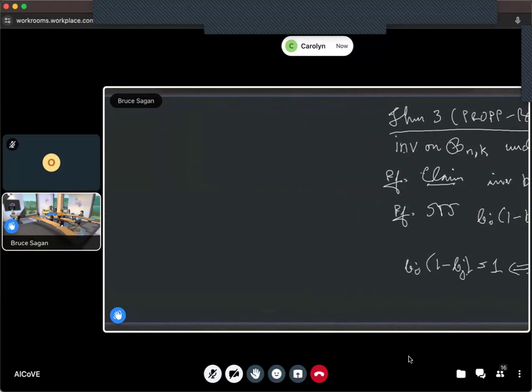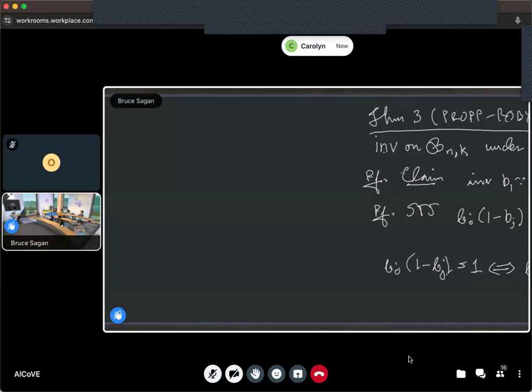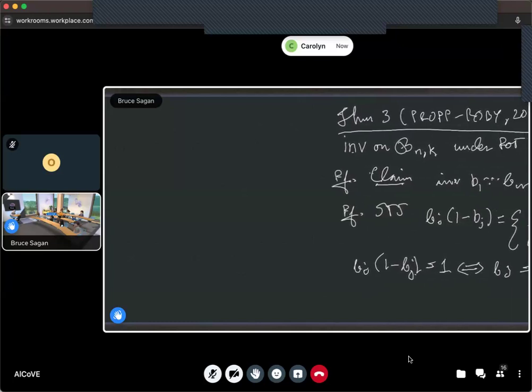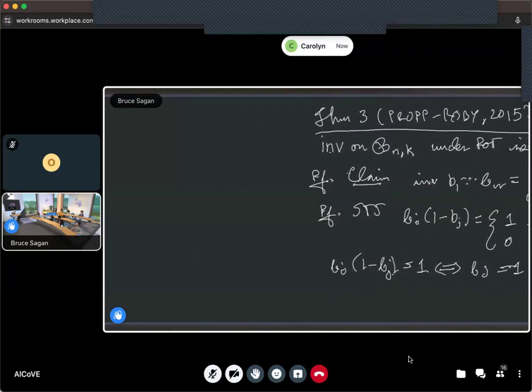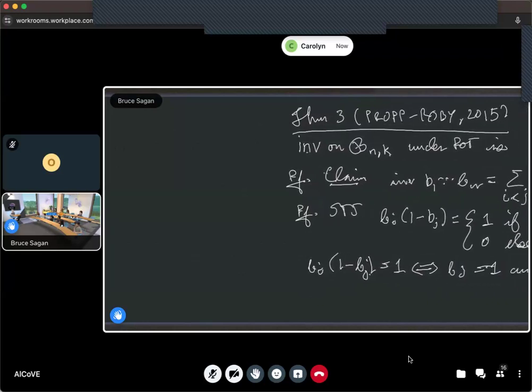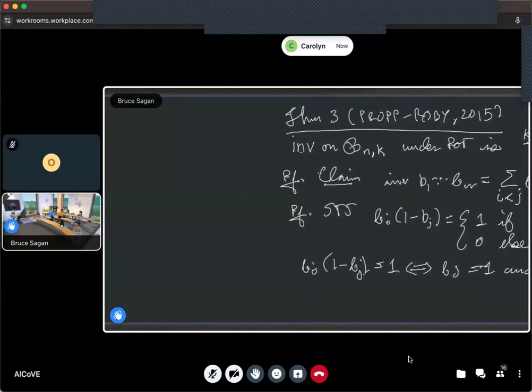Well, that's only equal to 1 if both of the factors are 1. We don't have any fractions or anything else. So that's if and only if b_i is 1 and 1 minus b_j is also 1. But what is that telling you? That's telling you b_i is 1 and b_j has got to be 0.